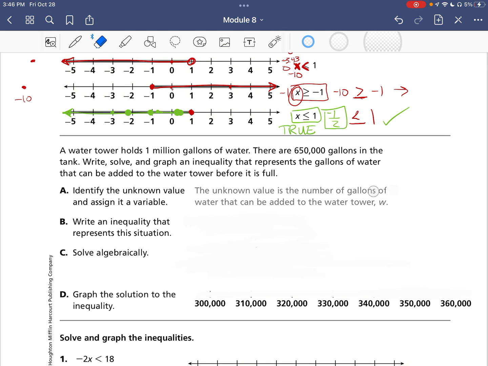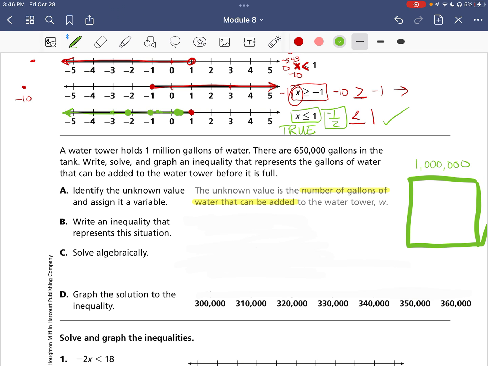So we have an unknown value of the number of gallons of water that can be added. So this is actually what we're solving. How many gallons can be added to reach, I'm going to draw a little pretend tank here. So max, we would have 1 million.